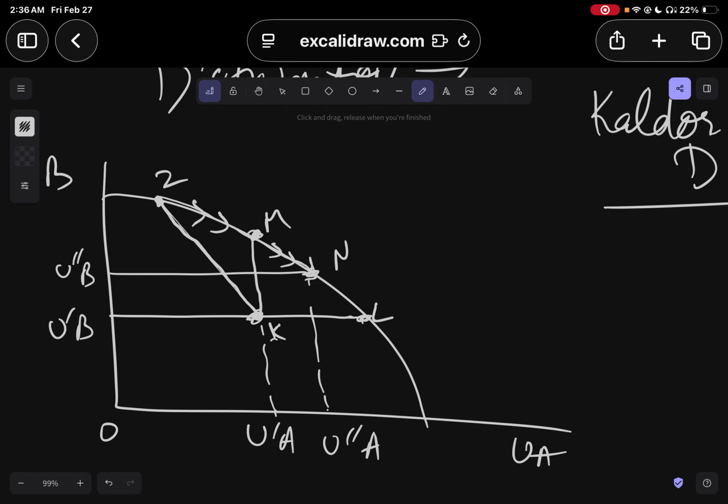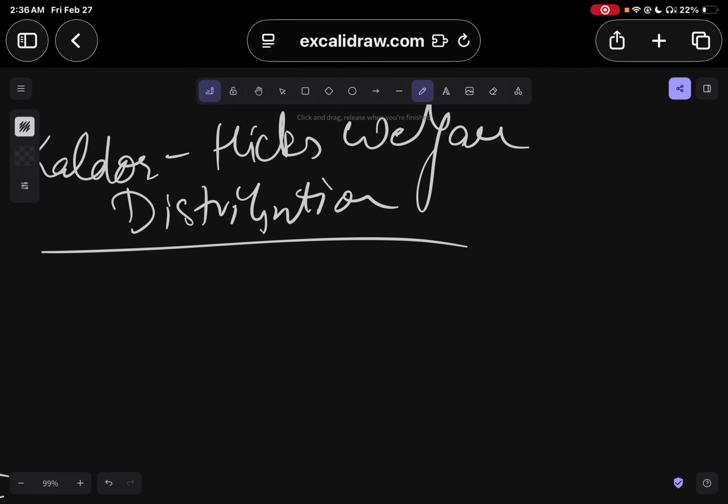Hicks further contributed, suggesting that if it is not possible for the loser to compensate the winner for not changing the status quo, then the change in status quo is an improvement. Okay, so let me just reiterate.